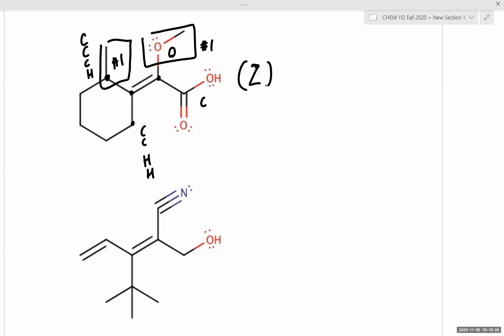So we have some proposals that this alkene is E. What does the rest of the class think? Do you agree? Do you disagree?